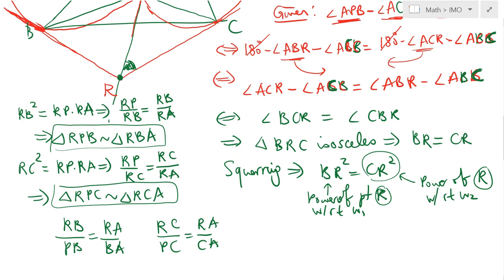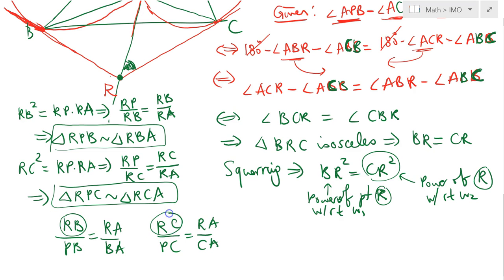So all we need to show now is that, well, we already know actually that RB is equal to RC because we already proved that R is on the radical axis, it has equal powers, so RB and RC are equivalent here.